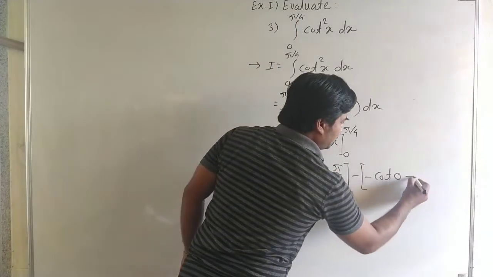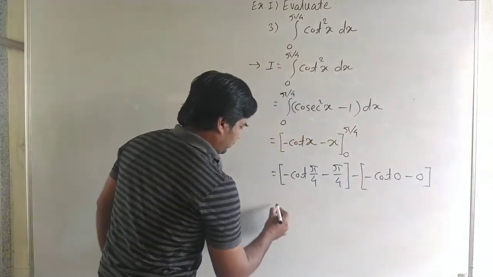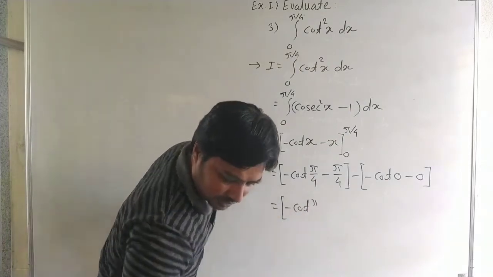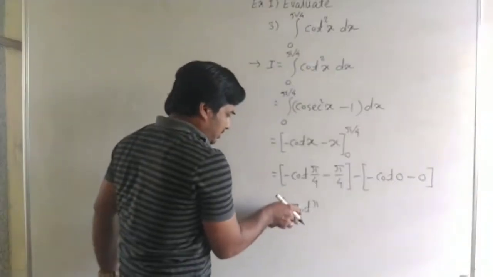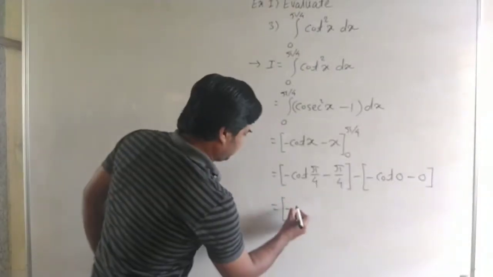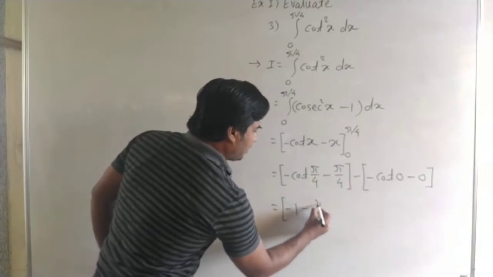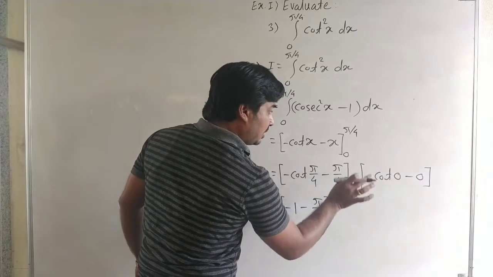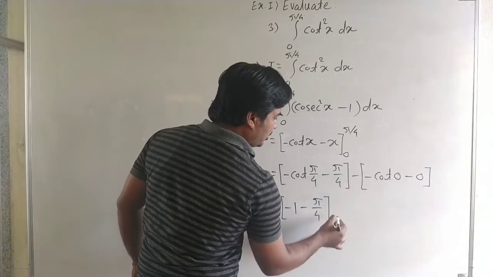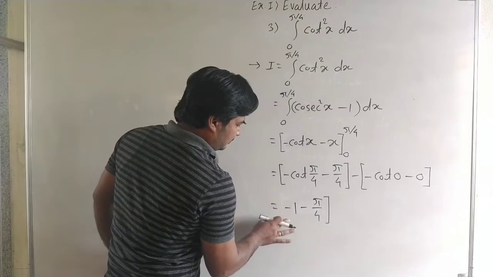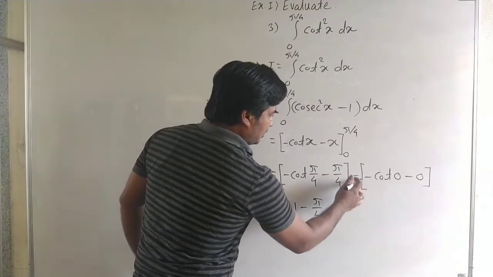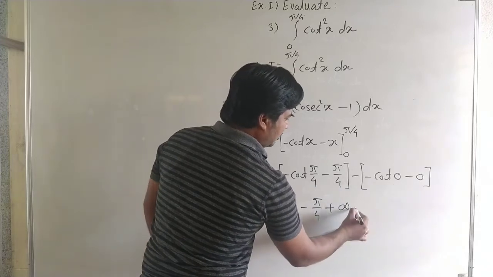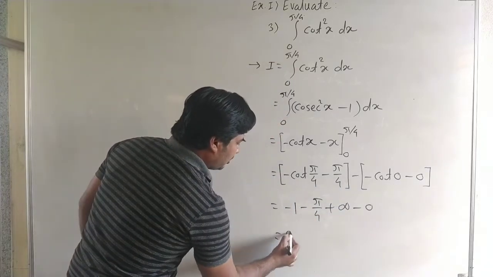Okay, minus cot pi by 4, it is minus 1 minus pi by 4 as it is, but here it is minus minus plus, and it is an indeterminate form, cot 0. Suppose it is plus infinity and minus 0. Minus 0 we cannot write, that is, it is not defined.